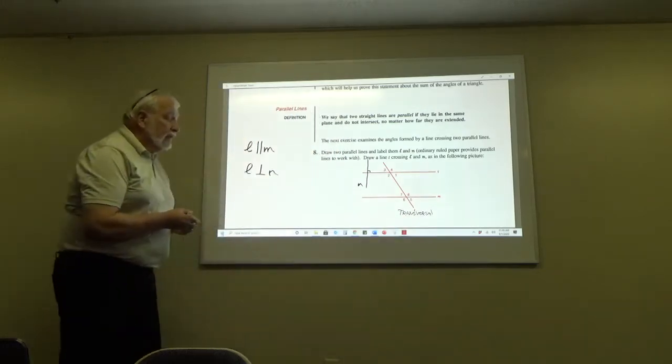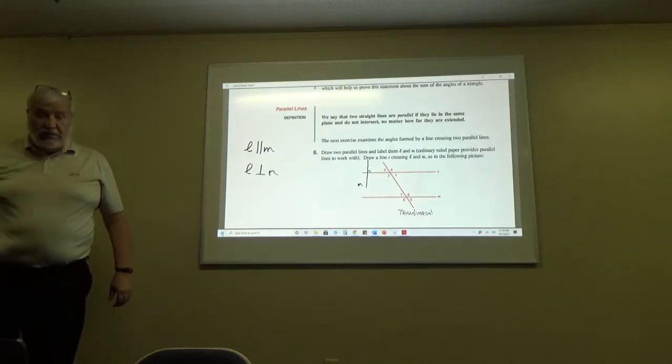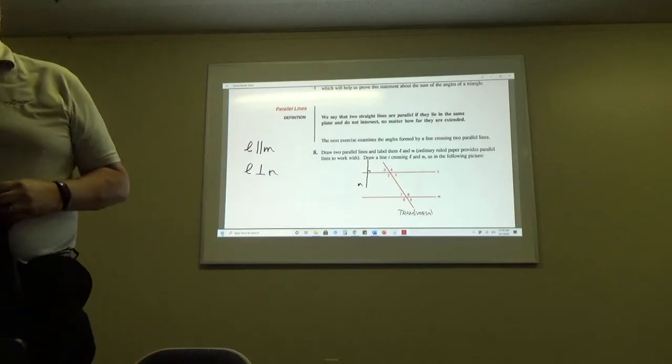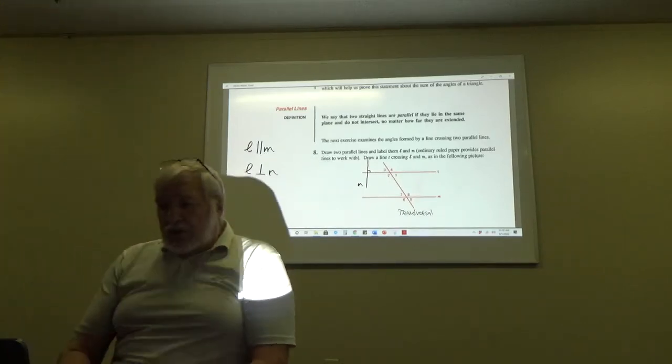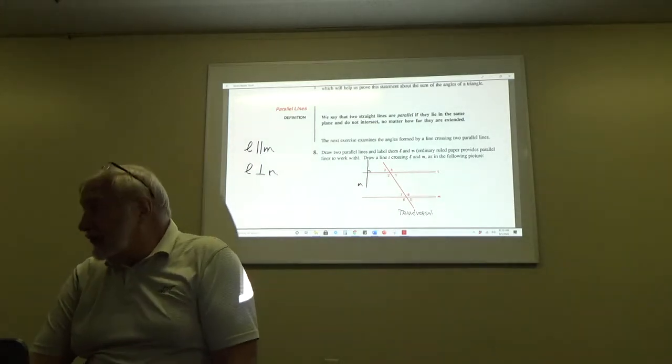Transversal. That's a vocabulary word you better know. It's really important. And in the transversal, what we're going to have is relationships of those 8 angles.